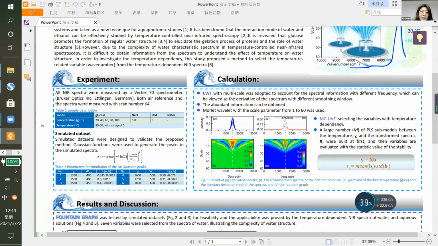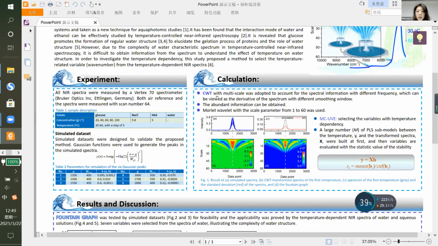This study made the experiment first with simulated data. They used a Gaussian function for the simulation. First, we simulated a Gauss peak, and then simulated the temperature effect by increasing the intensity of the Gauss peak.